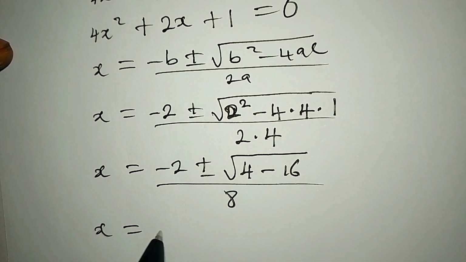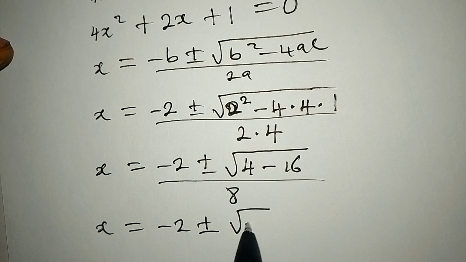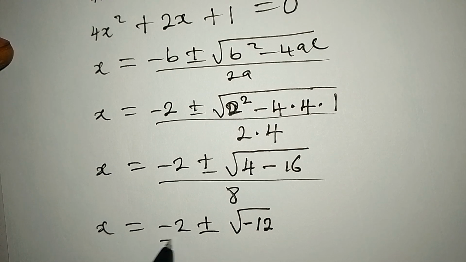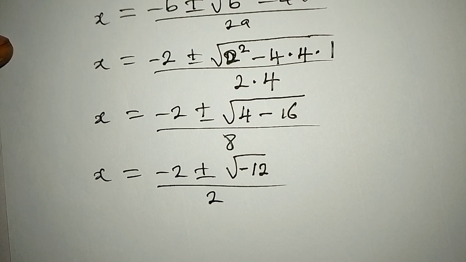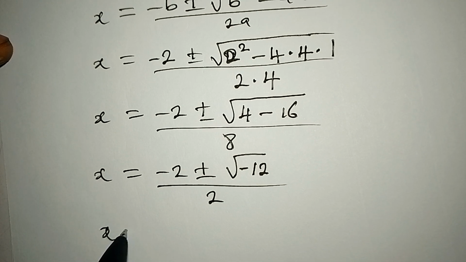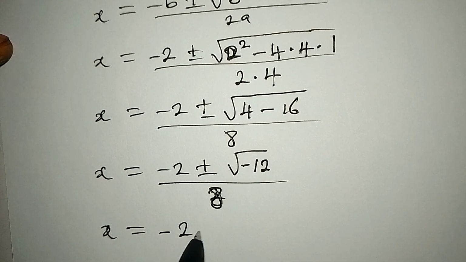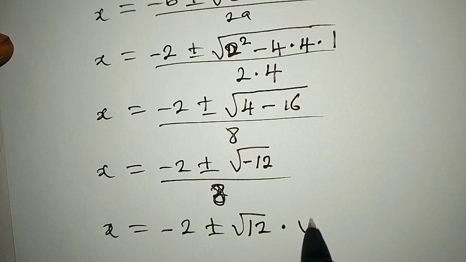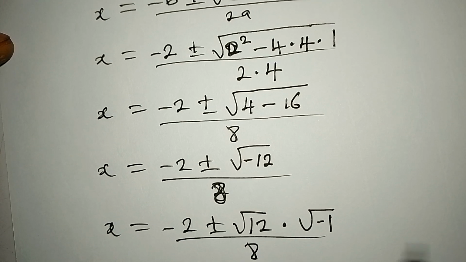X here is equal to minus 2 plus or minus the square root of negative 12, because 4 minus 16 is negative 12, and this is all over 8. As a matter of fact, we can simplify this. This is minus 2 plus or minus the square root of 12 multiplied by the square root of negative 1, all over 8.